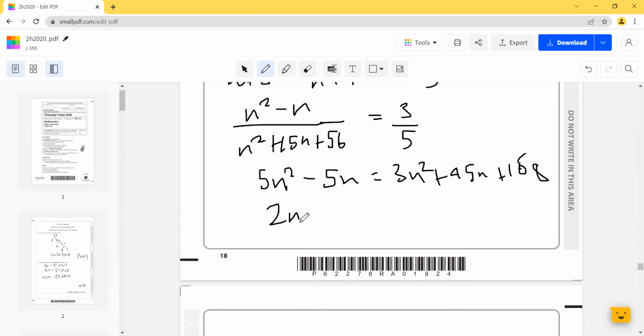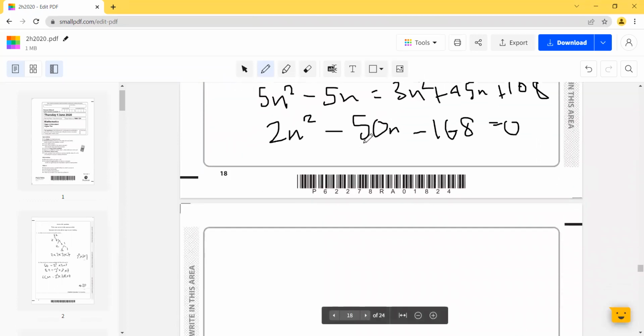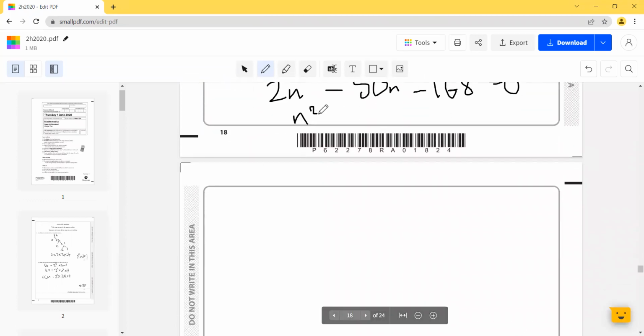So 2n squared minus 50n, minus 5 minus 45 is minus 50, I think. Yeah. And minus 168 is equal to 0. So n squared minus 25n minus 84 is equal to 0.